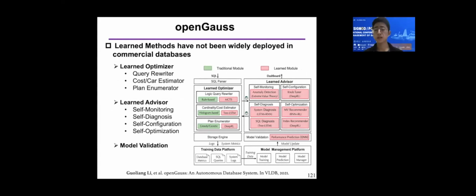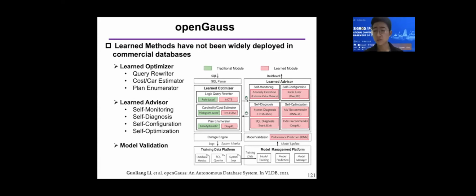Since these did not implement in real scenarios, Li has proposed openGauss, an autonomous database system that validates, trains, and implements state-of-the-art learning-based components in an open-source commercial database.